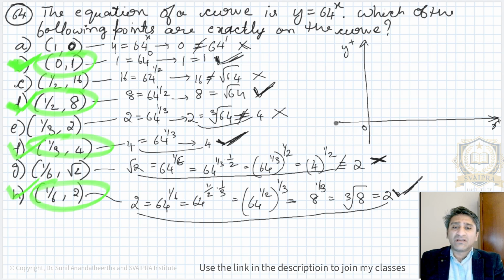That's our origin, and that's x negative, and that's y negative. When x is 0, y starts with 1, so y starts from 1. The next point is half comma 8. When x is half, y is 8.